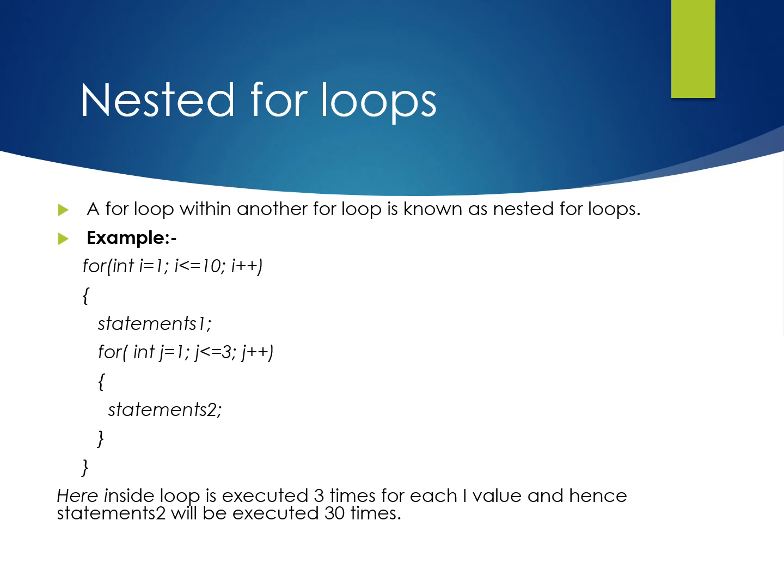Then another loop comes which is j equals 1, and j less than or equal to 3 will be the condition to execute this for loop, and it will increase by 1 in each step. If the condition is true, then statements 2 will be executed. Here the inside loop is executed 3 times for each i value. Hence statements 2 will be executed 10 into 3 equals 30 times.